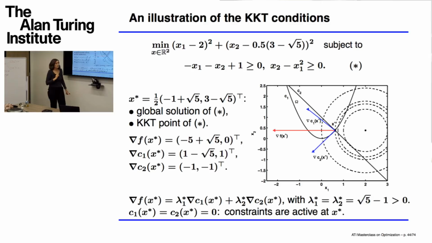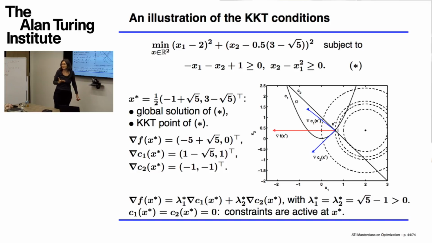Indeed, if they were equality constraints, the sign wouldn't have mattered. But for inequality constraints, it has to be in the right direction to be a minimizer. So you can see here visually that this gradient lies in the cone determined by the two constraint gradients.